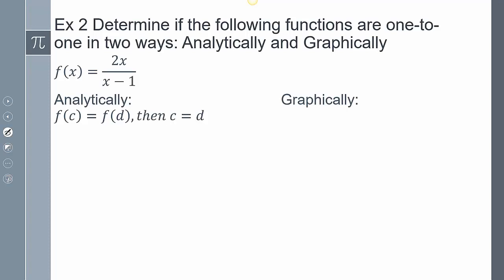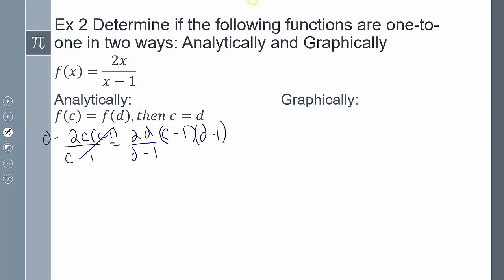Let's look at this next one. f of c equals f of d, then do I get c equals d? This one might be a little bit more complicated. We start with f of c equals f of d. Well, I have stuff in the denominator, and I need to get rid of that. So I can multiply both sides by c minus 1, so that cancels out there, and then multiply both sides by d minus 1, so that cancels out there.